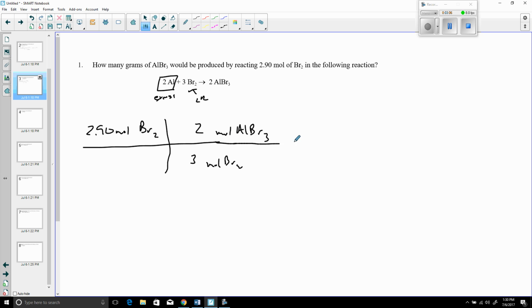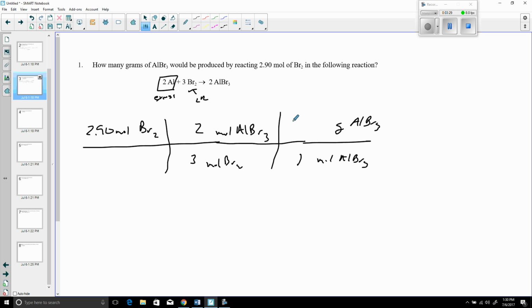But that doesn't quite answer our question because we want to know what is the mass of aluminum bromide that would be produced. So we need to now convert moles of aluminum bromide to grams of aluminum bromide. And we simply find the molar mass, and I'm just going to provide that.